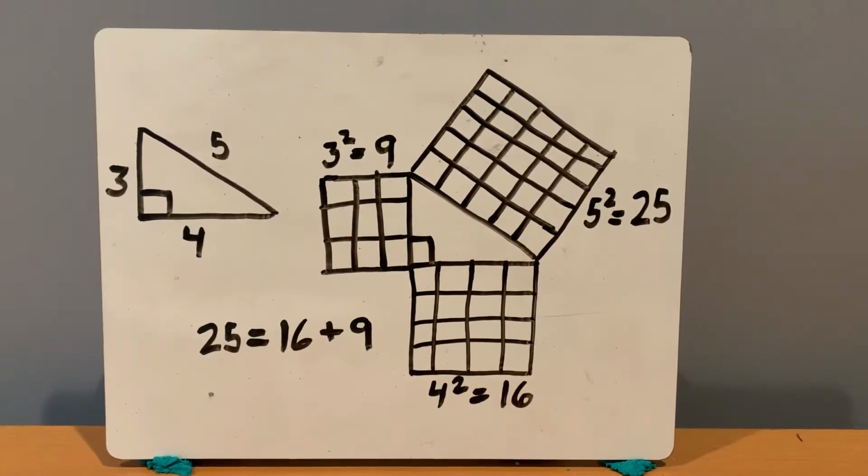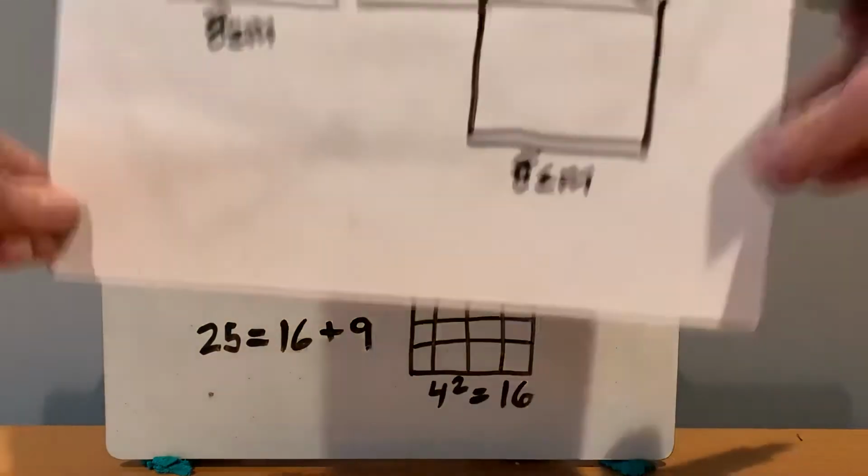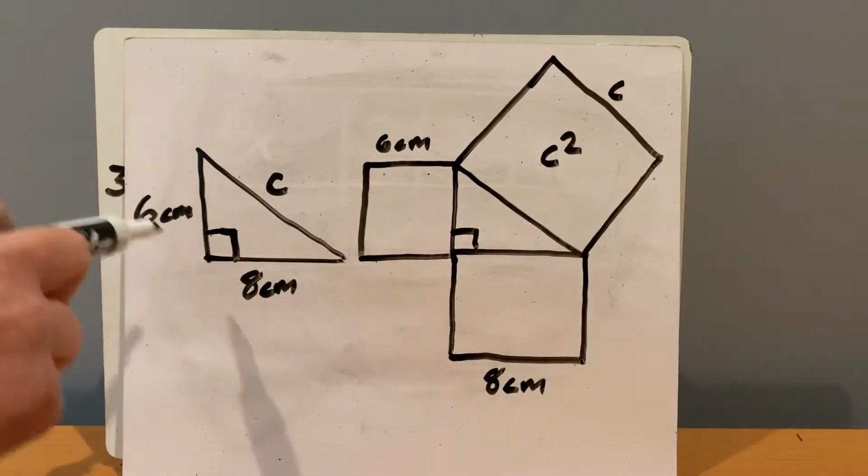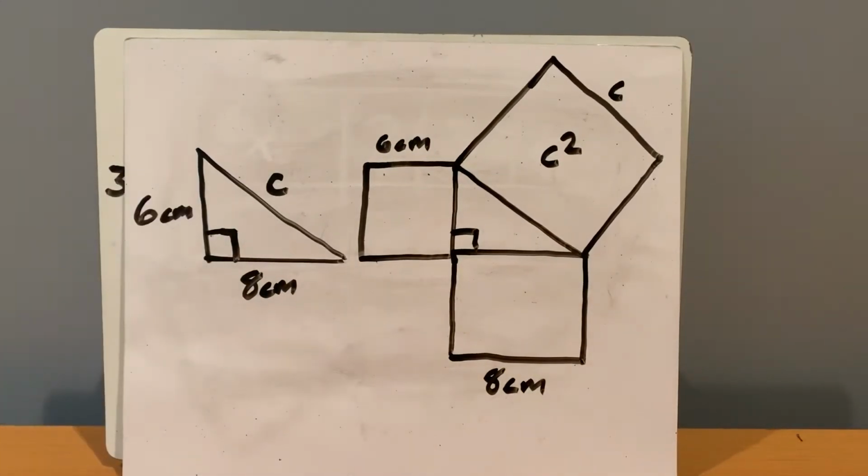To solve problems that require the use of the Pythagorean theorem, we will sketch a right triangle and draw the squares on each side. So I've sketched a triangle that is 6 centimeters by 8 centimeters with side C unknown.